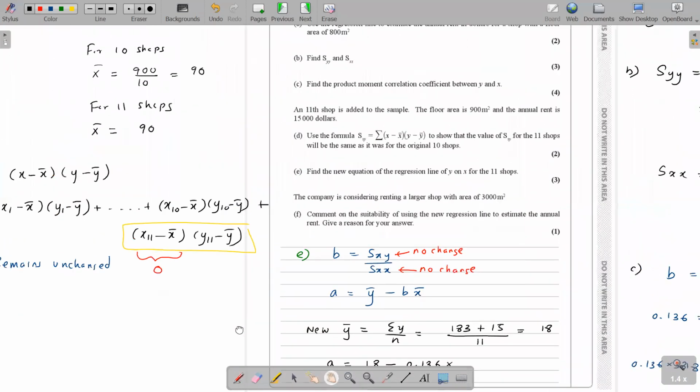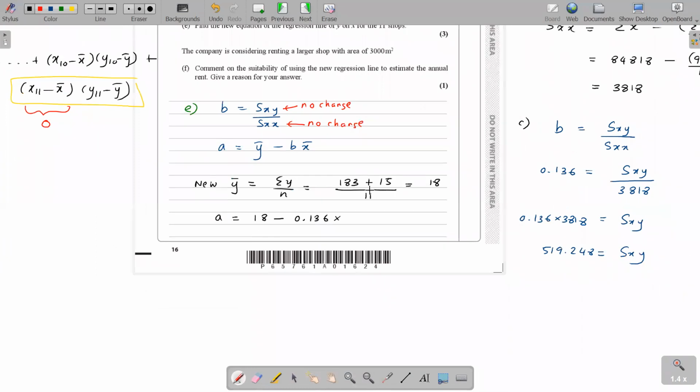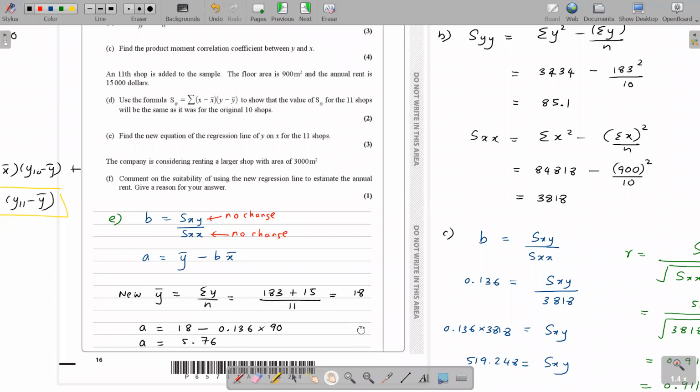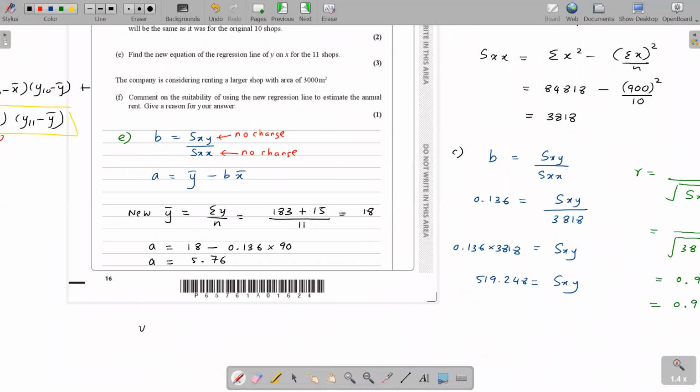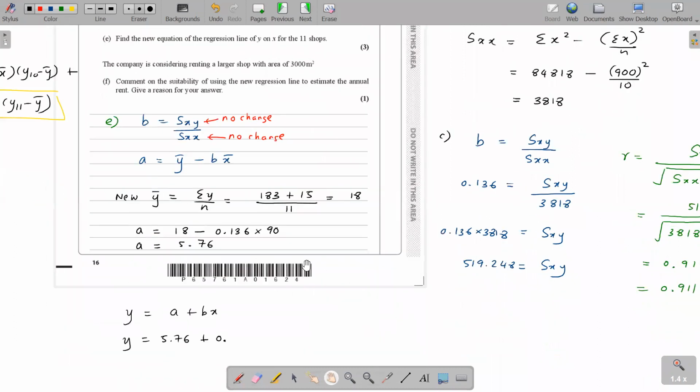We found x bar was 90. So a is 5.76. So the equation of the regression line y equal a plus bx is y equals 5.76 plus, the b value is exactly the same, 0.136. Agreed?